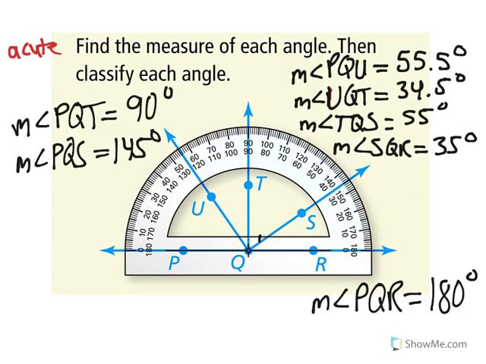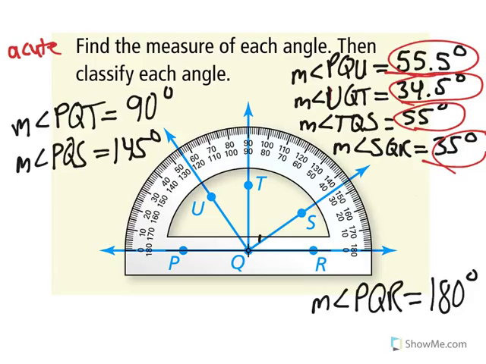Acute would have been PQU here at 55.5, UQT, TQS, SQR. There could be some more from going in between some of these that would make acute angles. You'd have to subtract them and see whether or not it is less than 90.